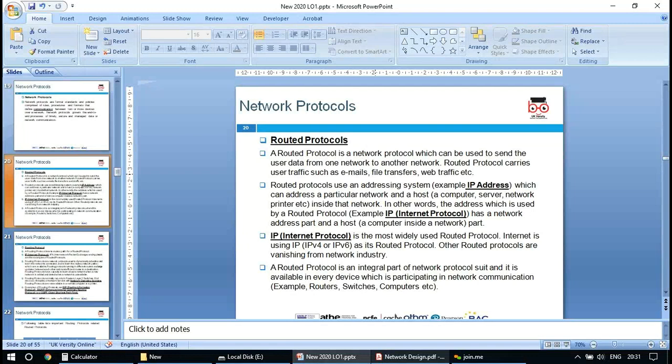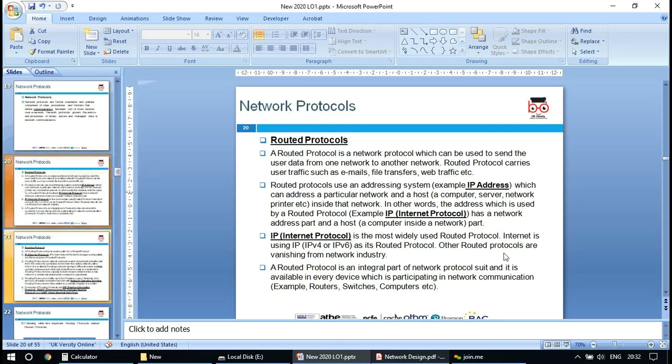If you could imagine sending something from one network to another network, it means definitely you would be using any application that we used earlier, the network applications, isn't it? Something is leaving your LAN and reaching the other network. So these are basically the routed protocols, and IP is one of the examples mainly used for the routed protocols.